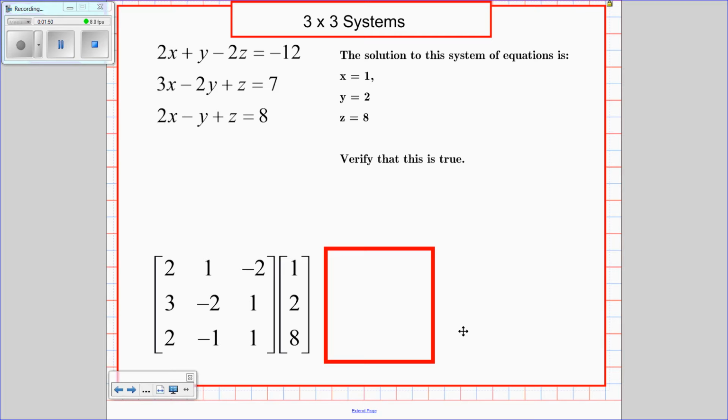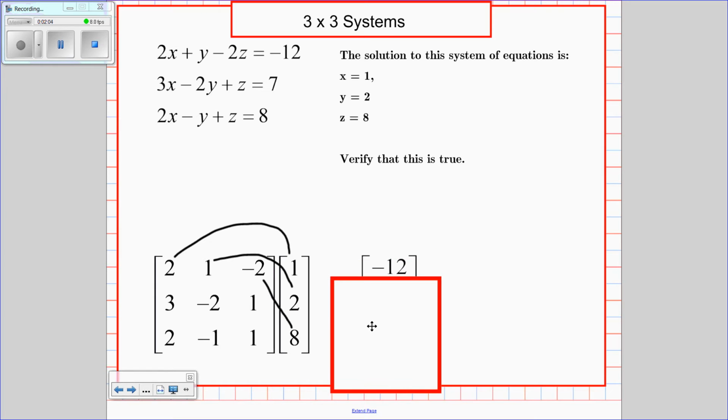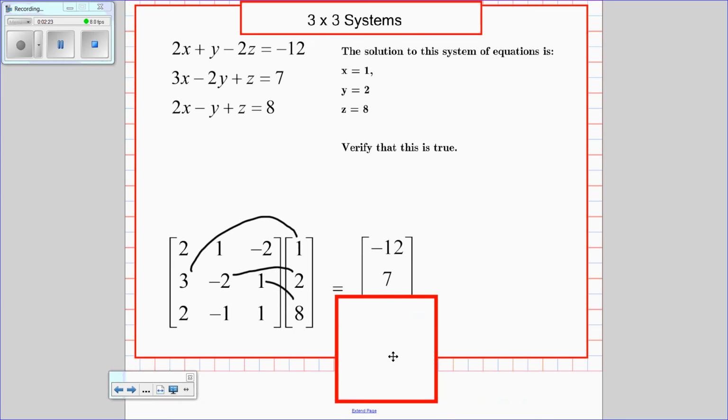Now, make sure you remember how to multiply. We multiply 2 times 1, 1 times 2, and negative 2 times 8, and we add those together. That gives us negative 12. Then we multiply 3 times 1, negative 2 times 2, and 1 times 8, and we add all those together, and we get 7.